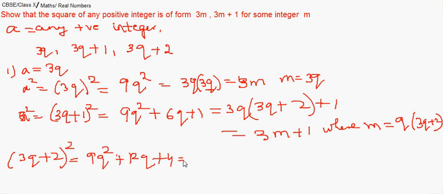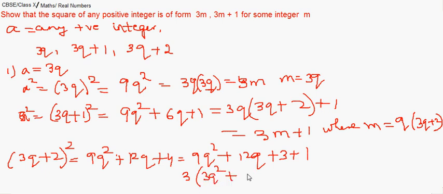So I'll write it as 9q square plus 12q plus 3 plus 1. What can I take common? Out of all this I can only take 3 common, so I'll be left with 3q square plus 4q plus 1, and then outside this is 1. In this case, this whole thing becomes m, because m can be some integer.